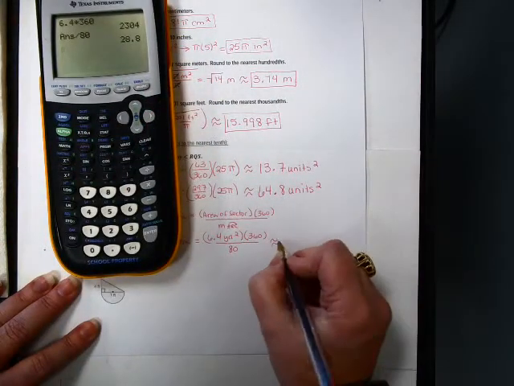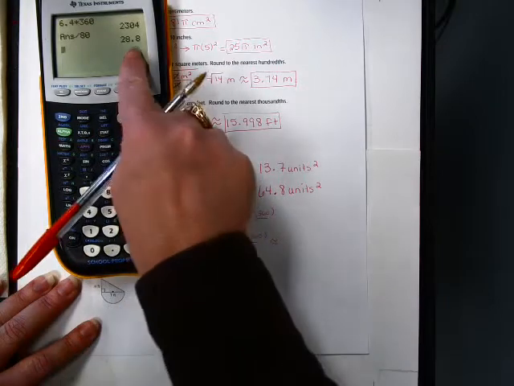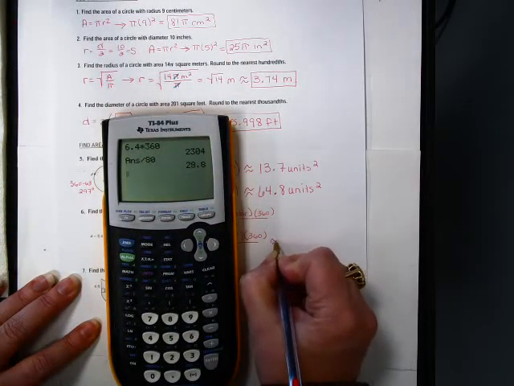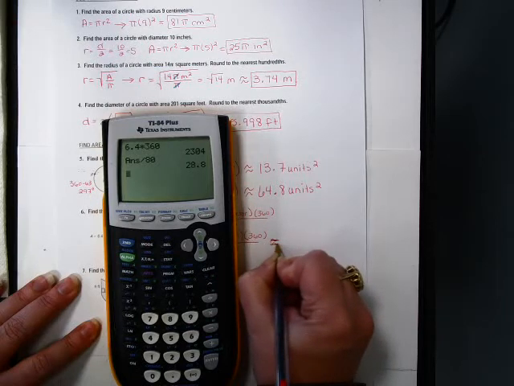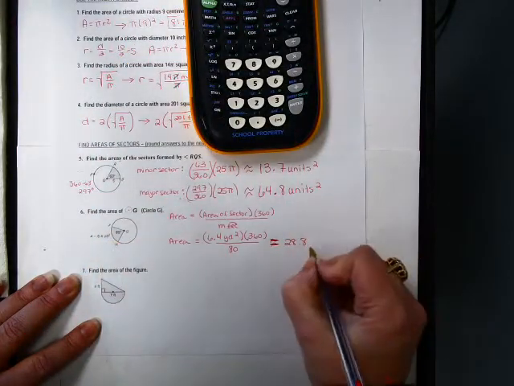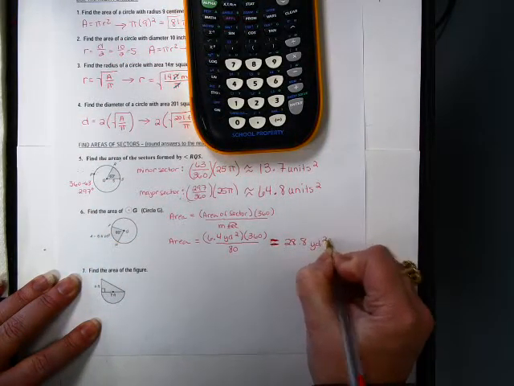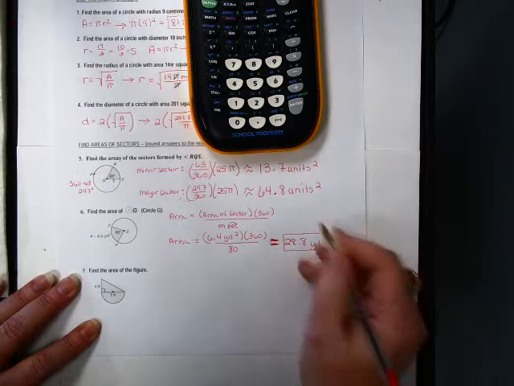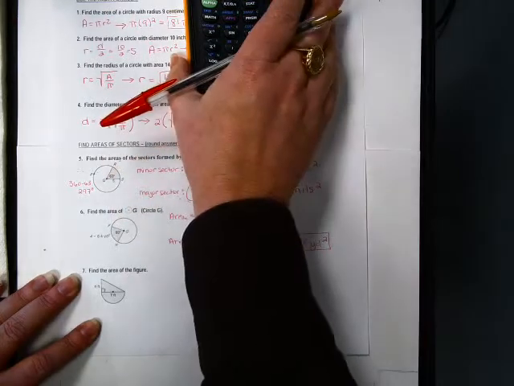So I get, it's a terminating decimal, so you don't have to put the approximately. Since it's terminating, it's going to be equal to 28.8, and they gave me a unit. It was yards squared. Okay, so that's an exact answer because it's a terminating decimal, rounded to the nearest tenth.